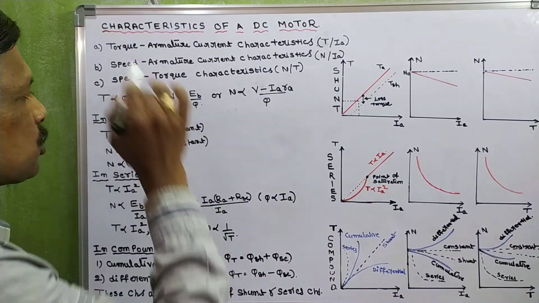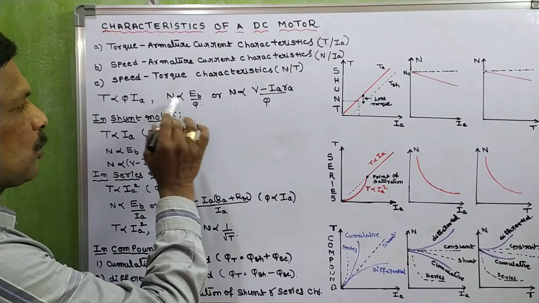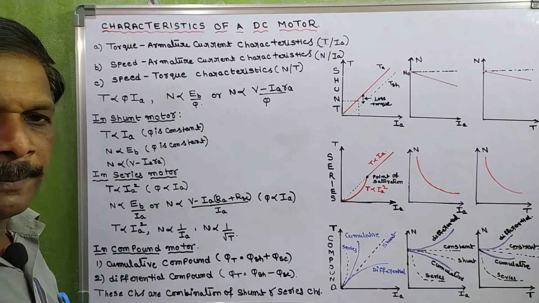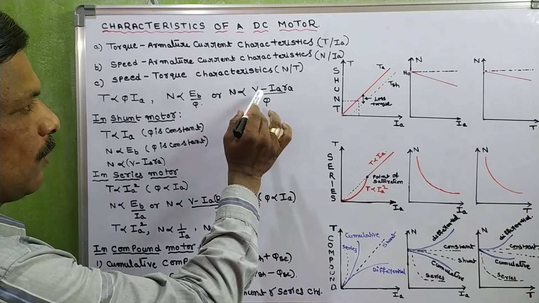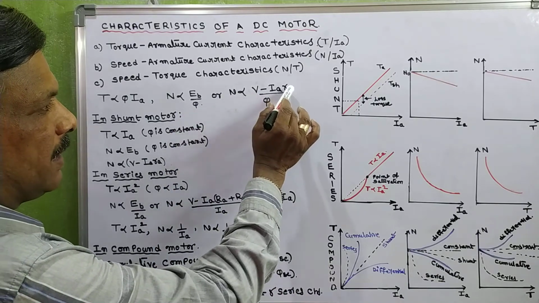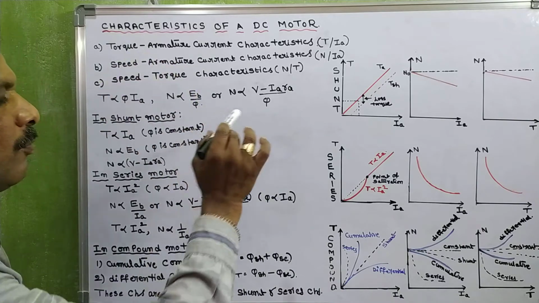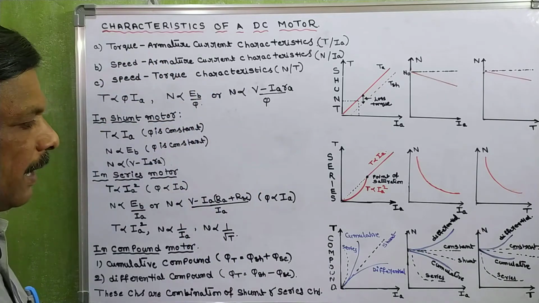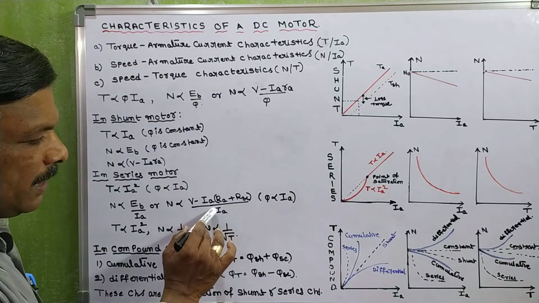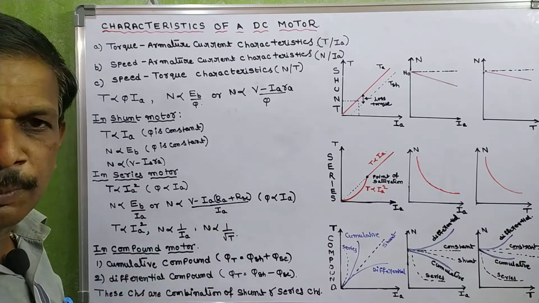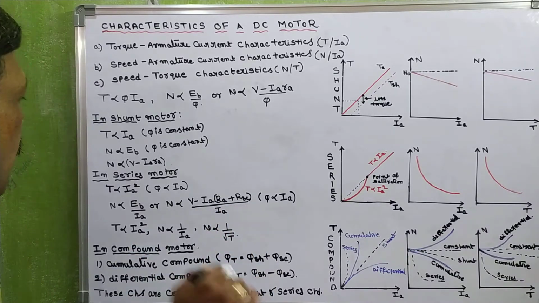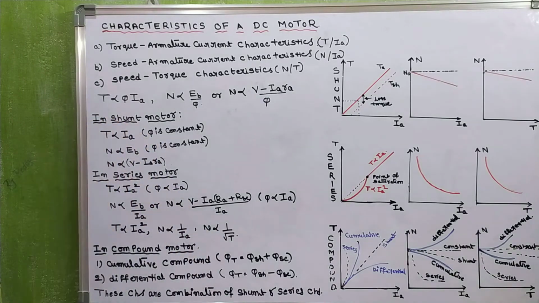And coming to the speed equation, N is proportional to EB by phi, where EB is equal to V minus Ia RA for a shunt motor, and V minus Ia into RA plus RSC for a series motor.